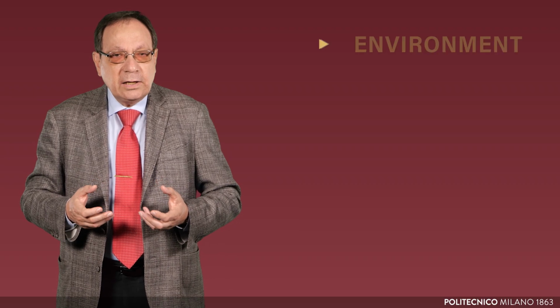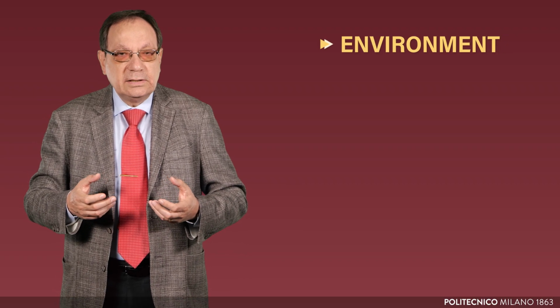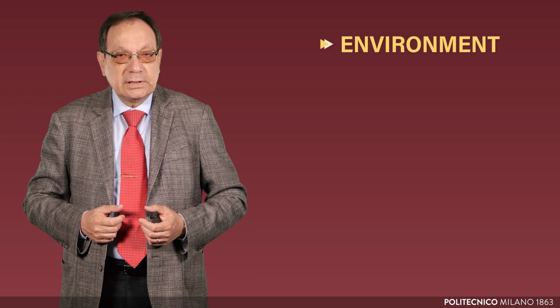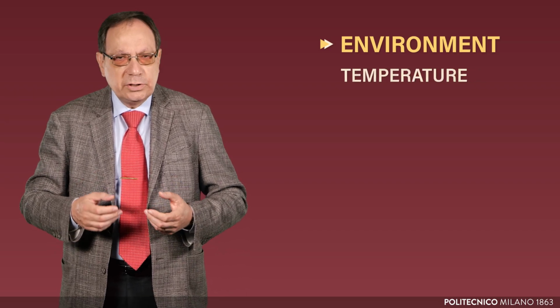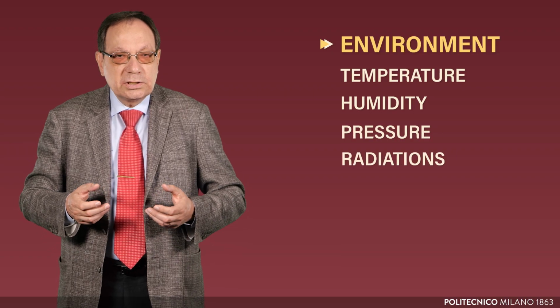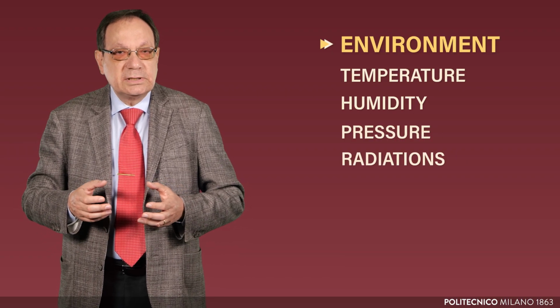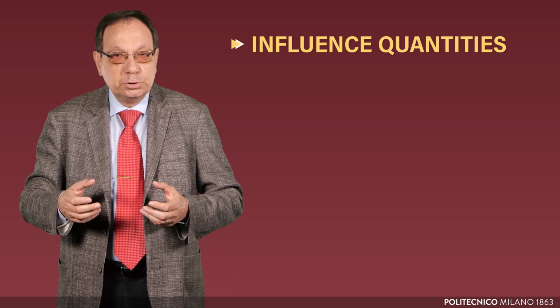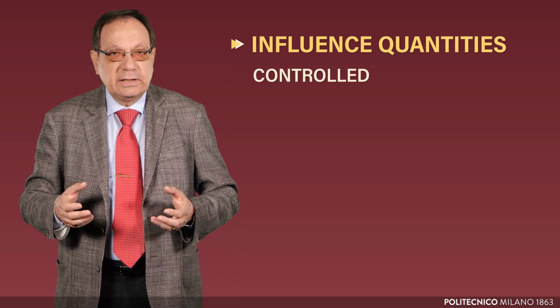However, that's not enough. The environment must also be identified because variations in environmental properties such as temperature, humidity, pressure, and radiation can cause changes in the measurement result. The properties that have a significant effect are called influence quantities and must be kept under control during measurement activities.